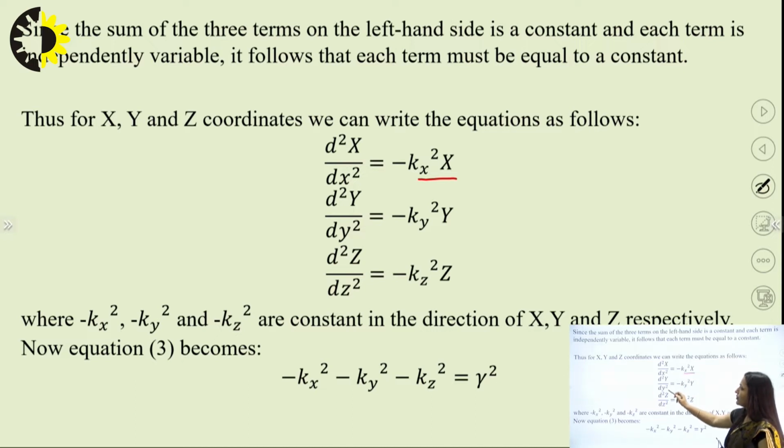Del square Y upon dy square is equal to minus ky square Y. Del square Z upon dz square is equal to minus kz square Z, where minus kx square, minus ky square, minus kz square are the constants in the direction of x, y and z. Now using these three equations, equation number 3 can be written as minus kx square minus ky square minus kz square is equal to gamma square.